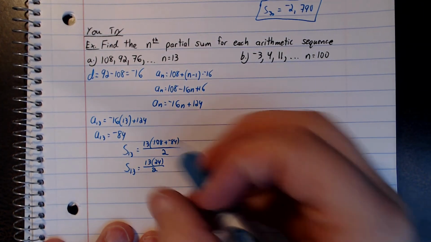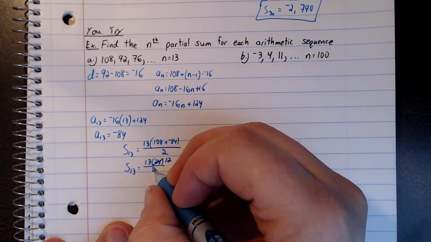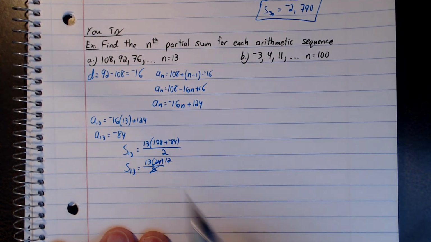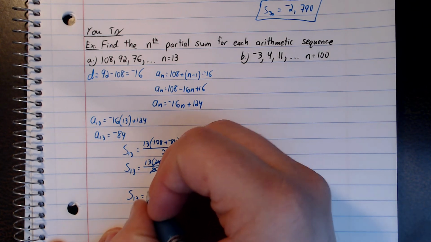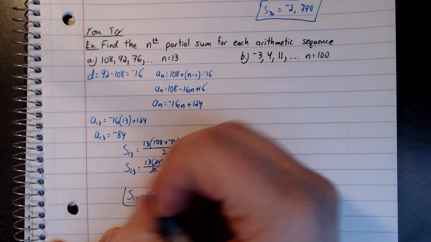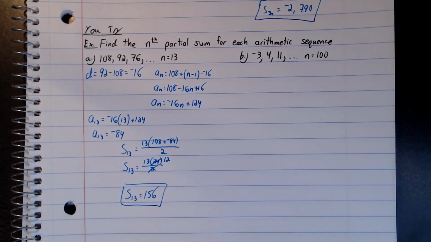This we can actually simplify, right? So that's going to become 12. So we've got 13 times 12. 13 times 12 is 156. So hopefully you came up with 156 as the answer for A.